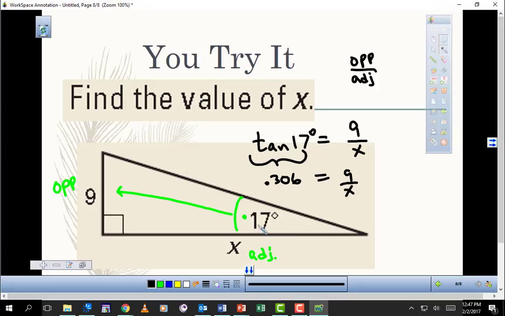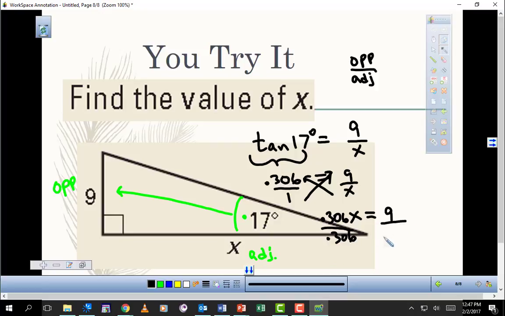And remember how to solve this? You can just write this over 1 and then cross multiply. Okay, so I cross multiply this way. I get 0.306 times x is equal to 9. Now I divide this side by 0.306.